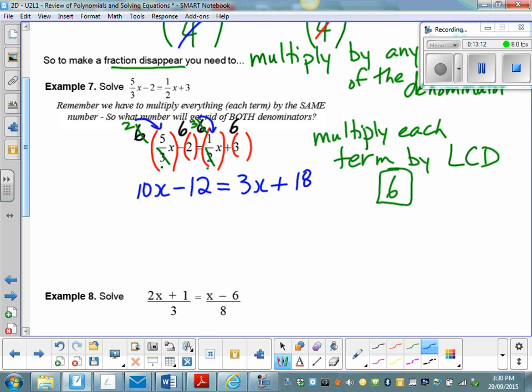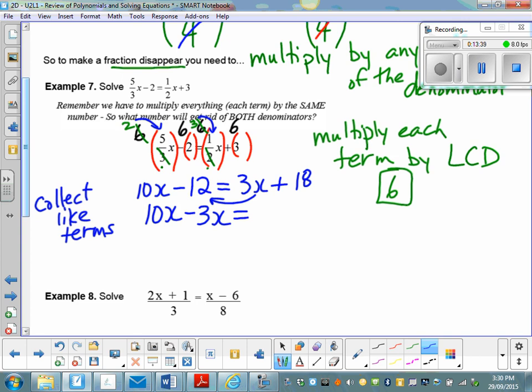Now, on this next step, I'm going to collect like terms. A shorter way to do what we did up above with the equations is to collect the like terms. So I'm going to leave the x terms on the left side, so 10x. If I bring this 3x to the other side, it's going to change to minus 3x. So I've collected the x terms together.